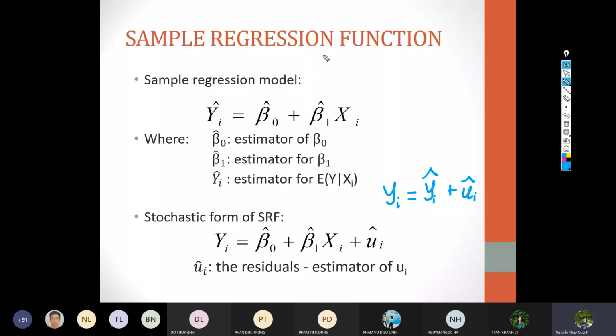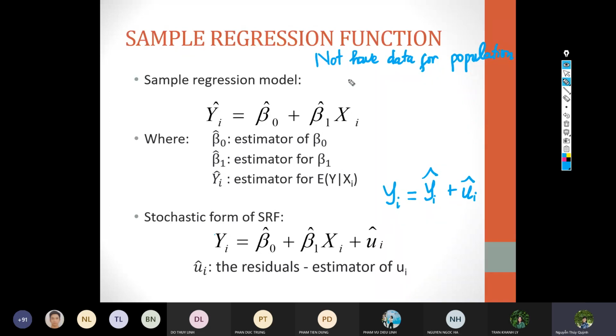So in the case when we do not have the data for the whole population, you can just build the specification of the population regression model.